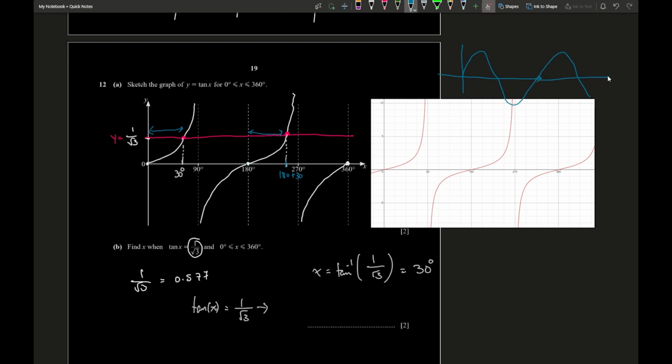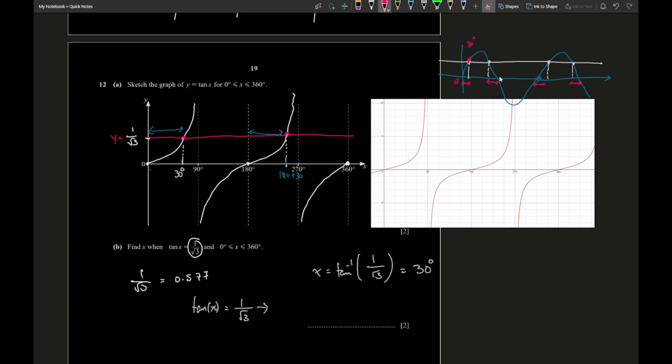Now if I draw a horizontal line like this, you'll find that intersections happen here. The idea is that this distance equals this distance equals this distance. Say this distance is 20 degrees.